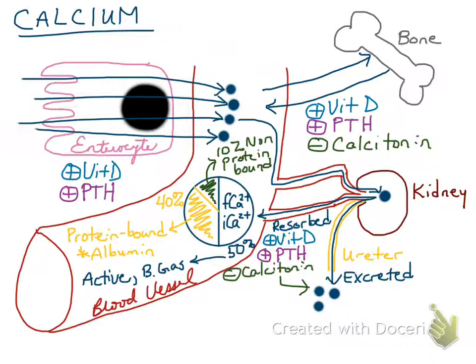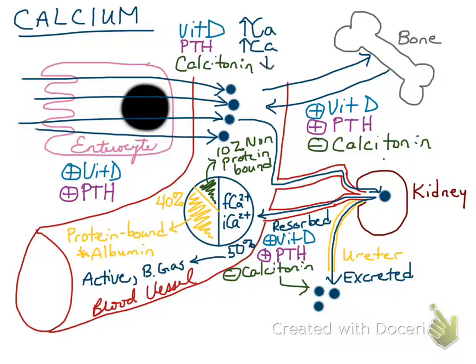So I'm going to erase the top part of this blood vessel so I have more room to write. So the net effect of vitamin D is to increase calcium in the blood. The net effect of PTH is to also increase calcium within the blood. And then calcitonin, that's the different one that tones down calcium.